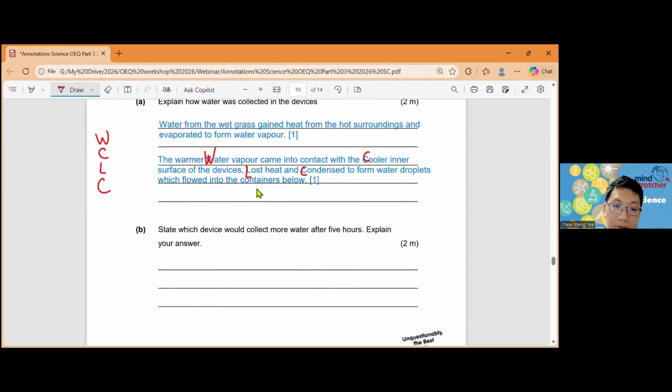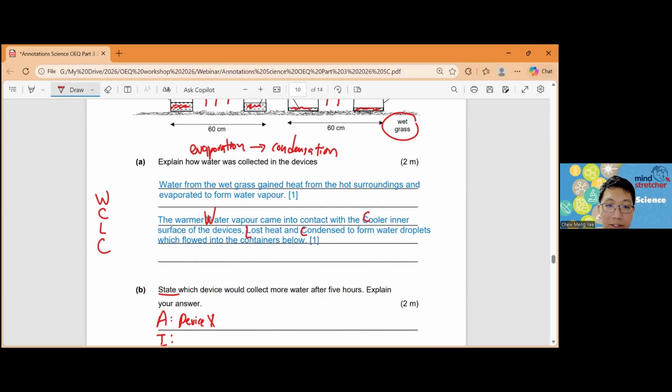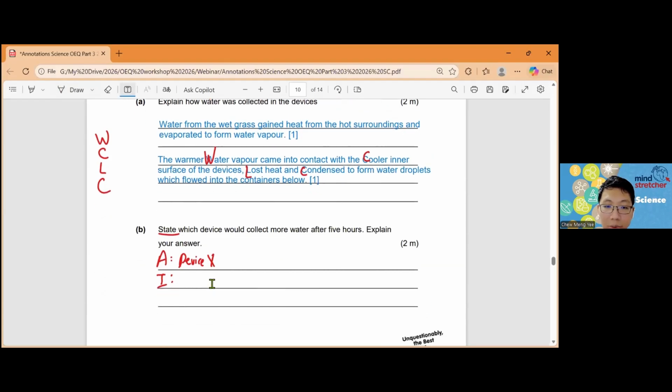So here answer directly. State which device: device X. Then what is the information you have? So how do you know? Why do you choose X? Because comparing the two, X has a greater exposed surface area.